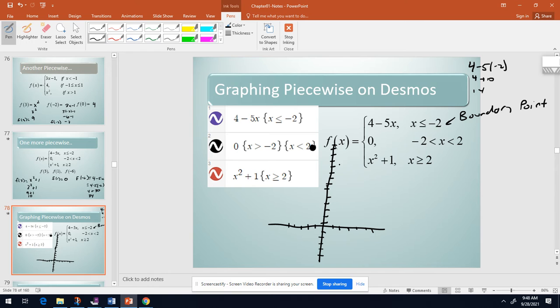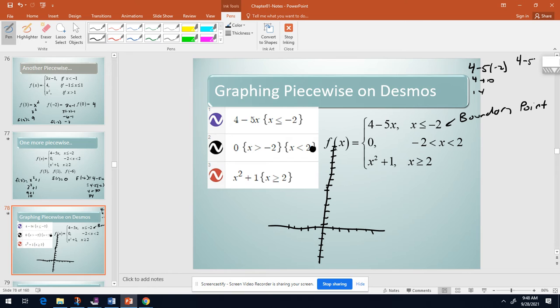Now, where is the next x value that's less than -2? The next x value that's less than -2 would be -3. I could choose any point here, and I know that this is linear, so I'm just going to form a line going to the left. If I plug in -3, again, I would have 4 minus 5 times -3, which is 4 plus 15, which is 19.